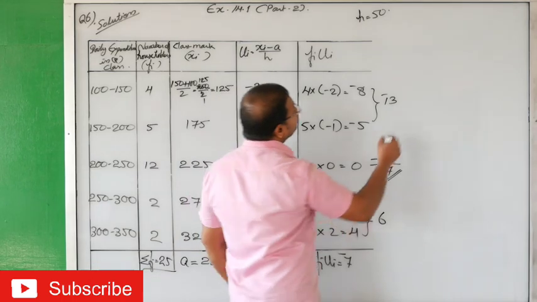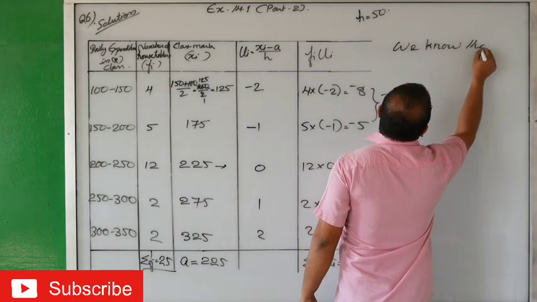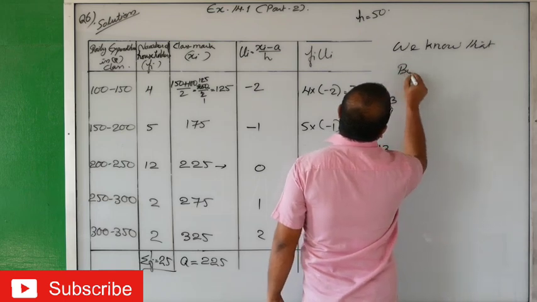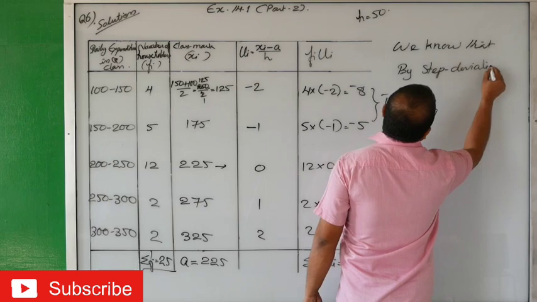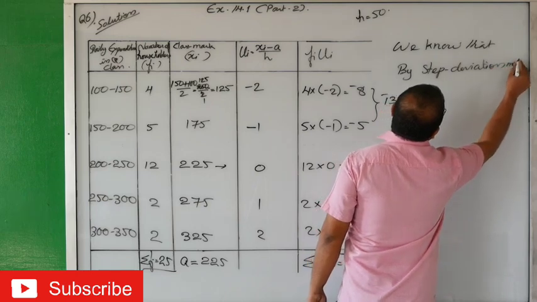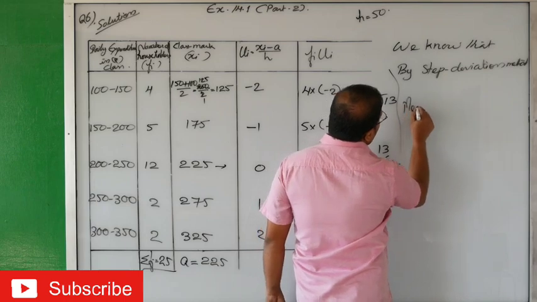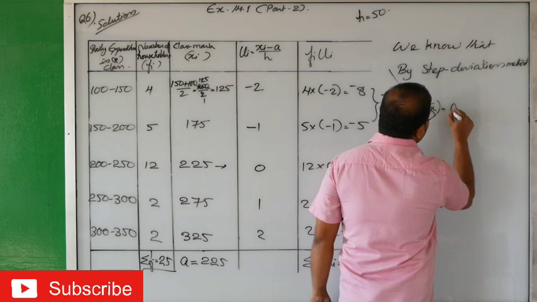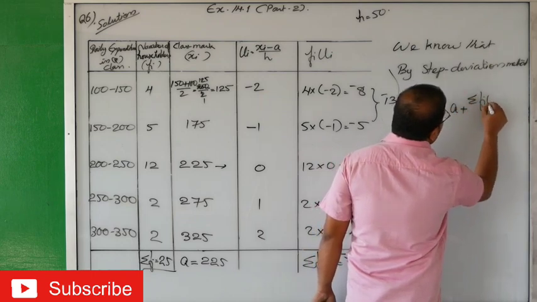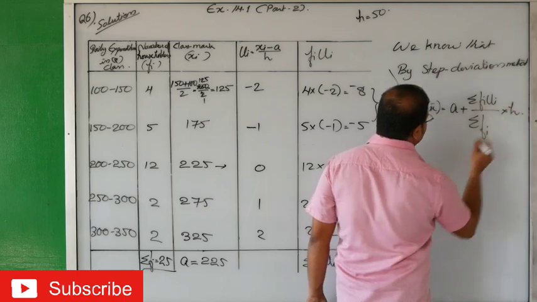Ready? Now, we know that by step deviation method, mean x bar equals a plus sigma fi ui by sigma fi, into h.